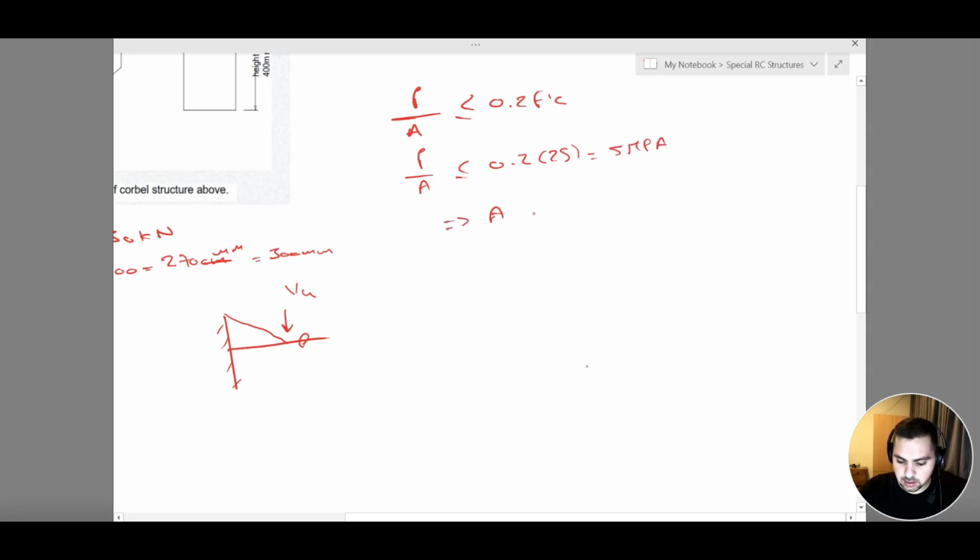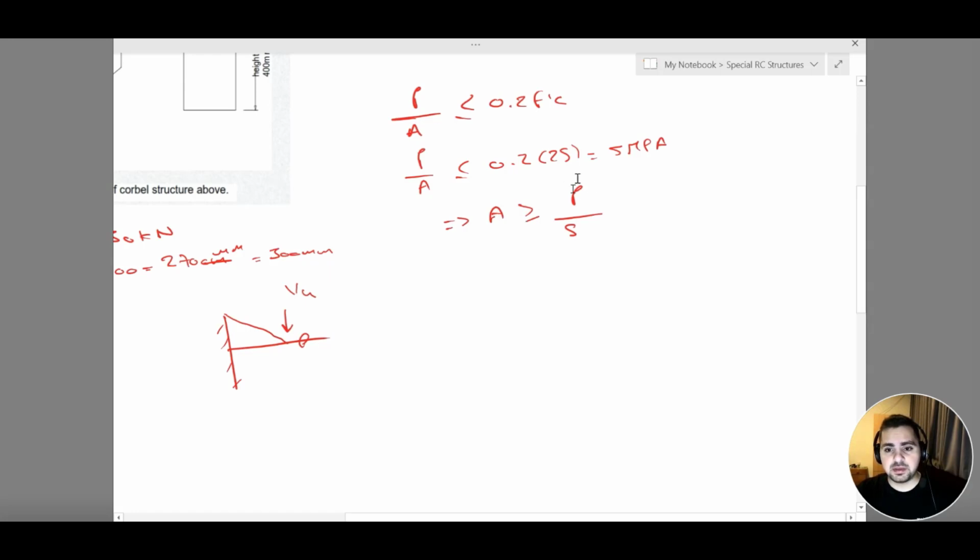This implies A is greater than or equal to P over 5. So this A that we are finding here is my A minimum, the minimum A that we can use in order to have a good enough area to be able to transfer this shear stress.